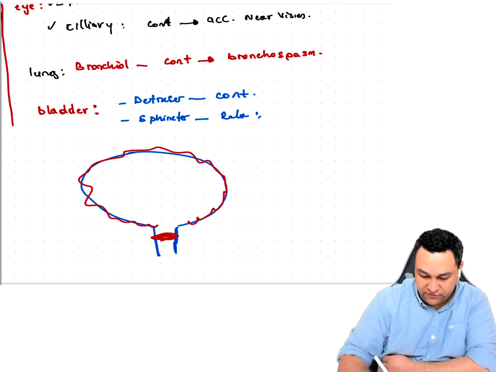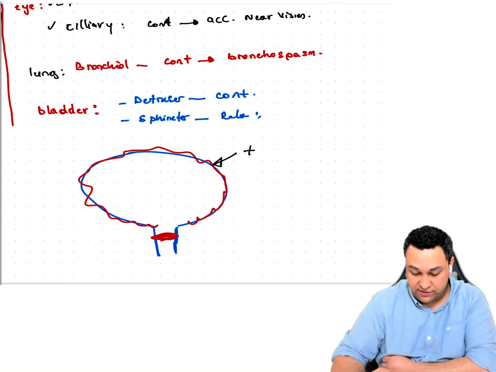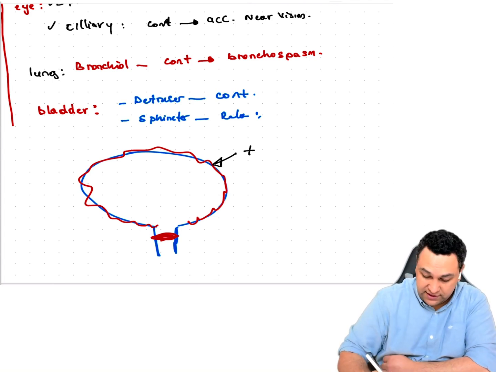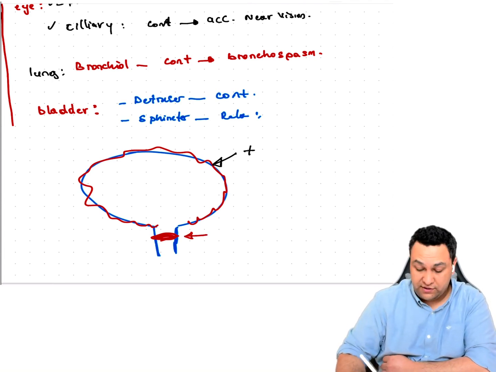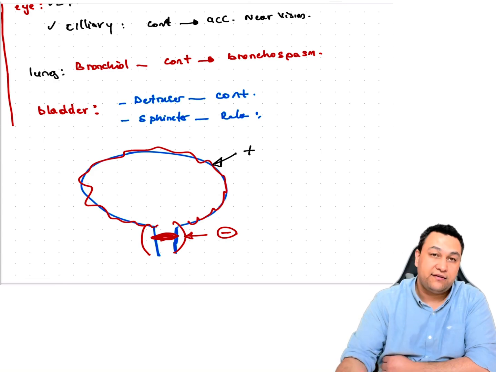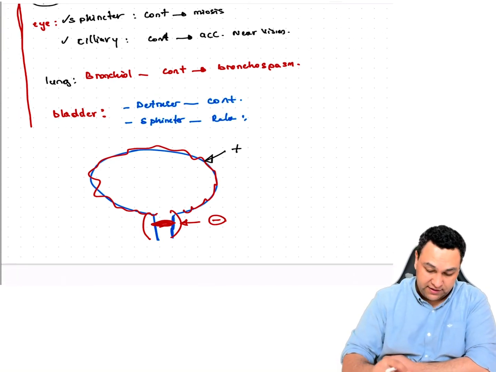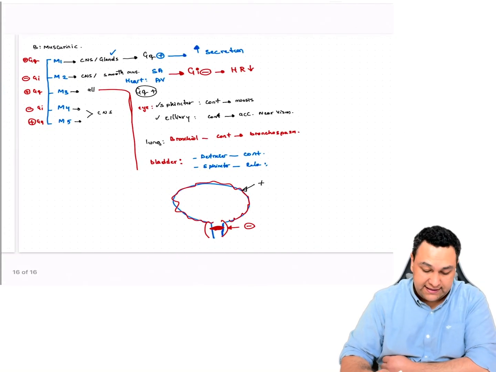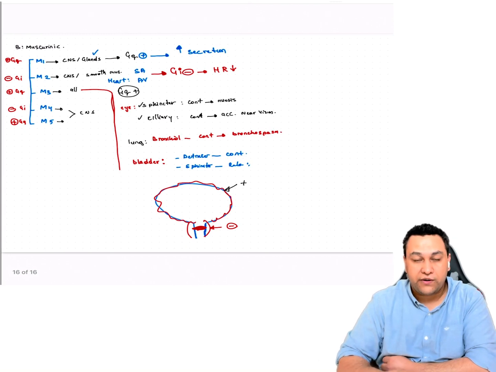As you see here, if we stimulate the detrusor muscle, it's going to contract the bladder, and if the acetylcholine stimulates the sphincter here, it's going to relax. So this area gets open, and from the upper side the bladder gets contracted, and there will be release of urine incontinently. This is some example how they are working.